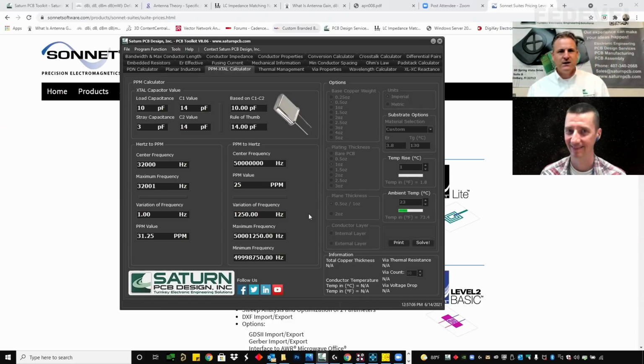I've got a lot of ideas for things that I would like to make. This would probably be the first to go from the PCB toolkit into an EE toolkit. But bottom line is, I add things to the toolkit as I learn.